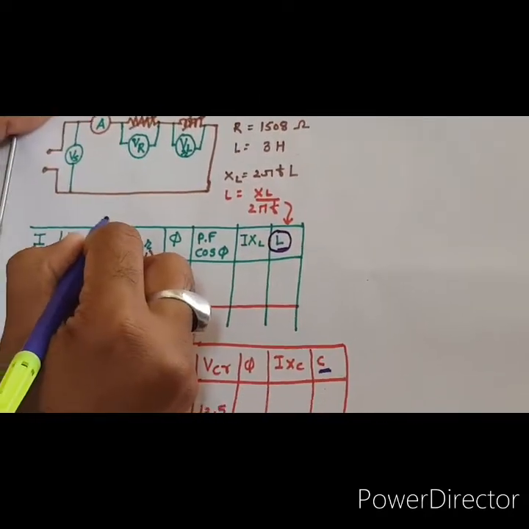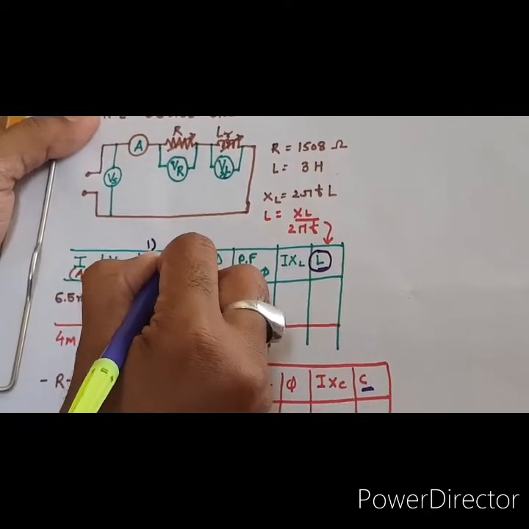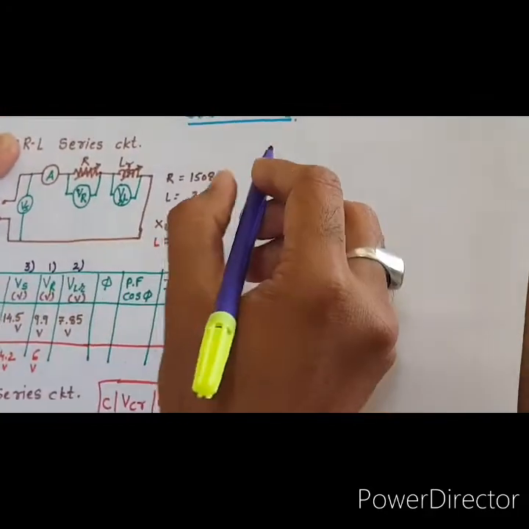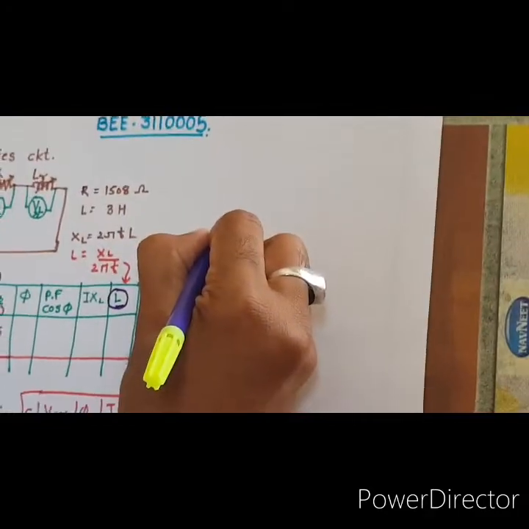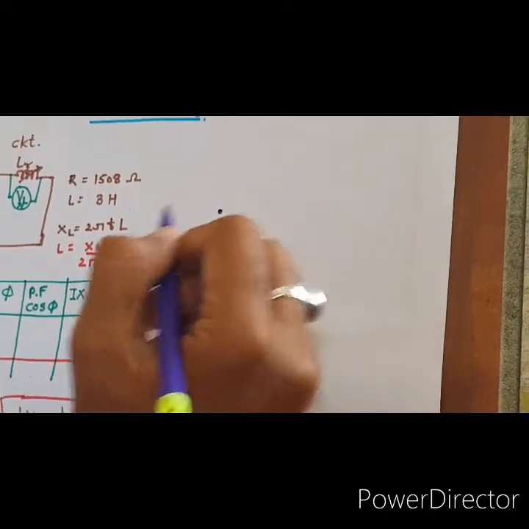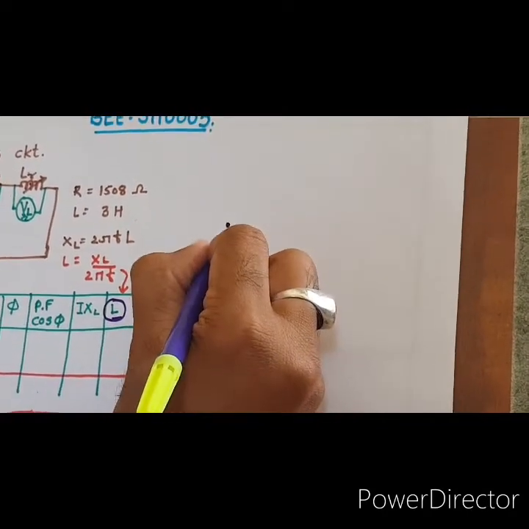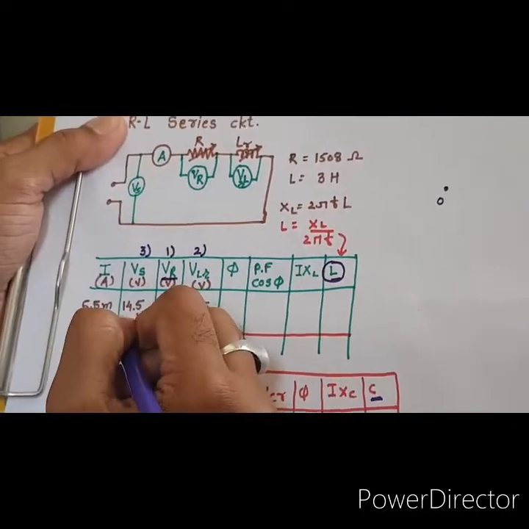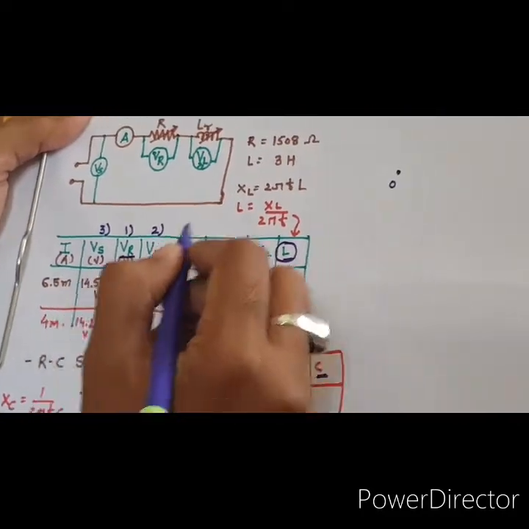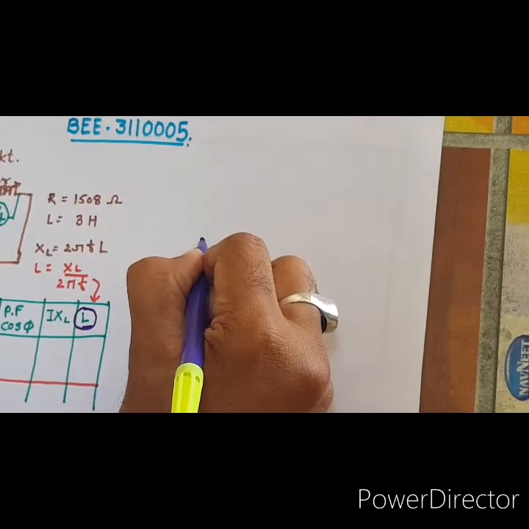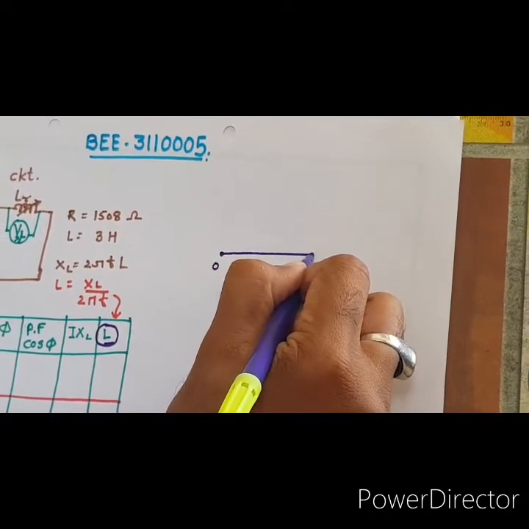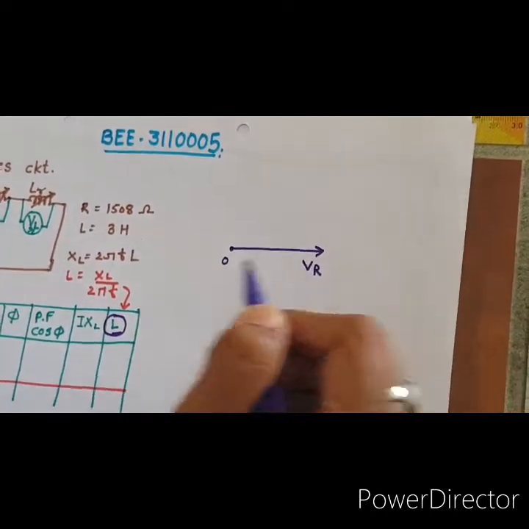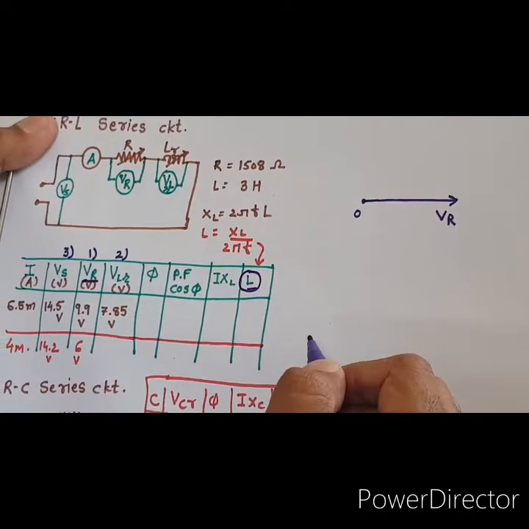We require 3 readings: VR, VLR and Vs. On a graph paper, take the initial 0 point, then convert the voltage drop across R, 9.9 volt, into scale form on the x-axis, and draw the line which represents the voltage drop across R.